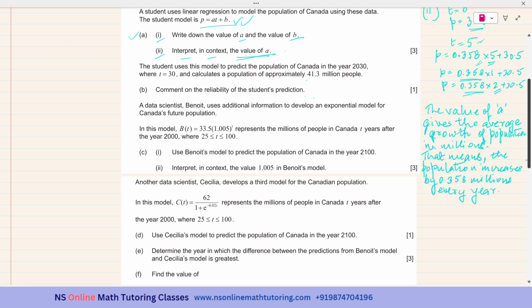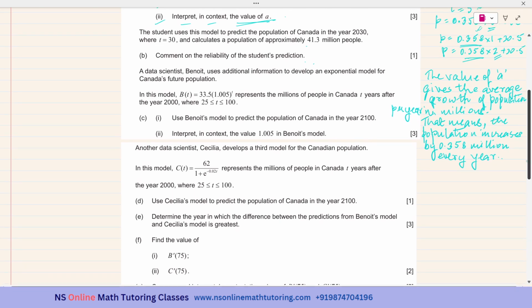Okay, this is the average growth of population per year in millions. It is increasing at the rate of 0.358 million every year.